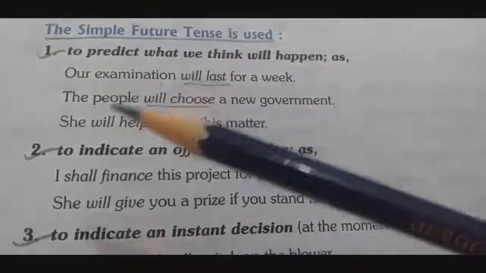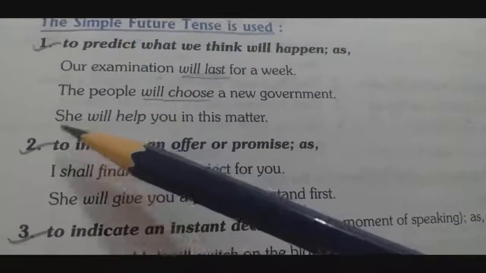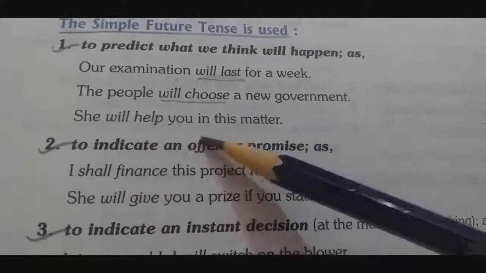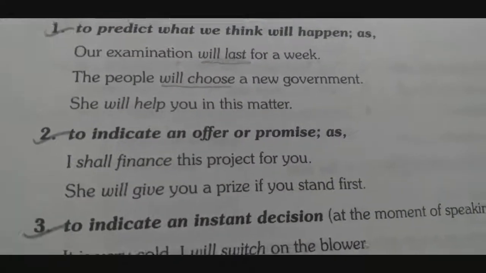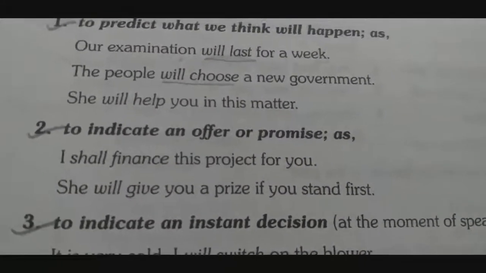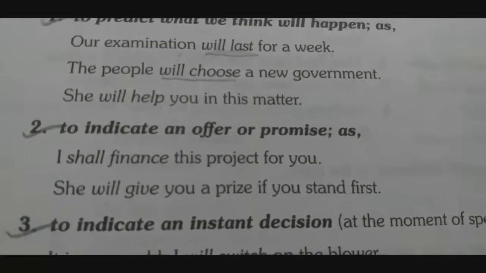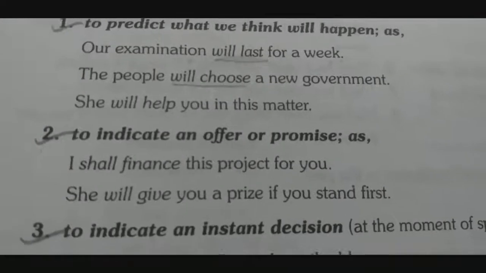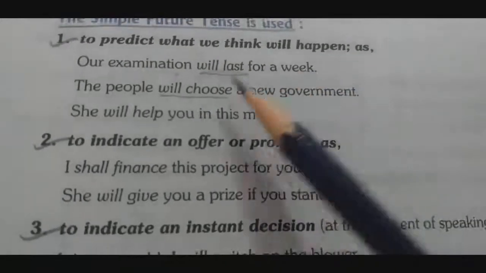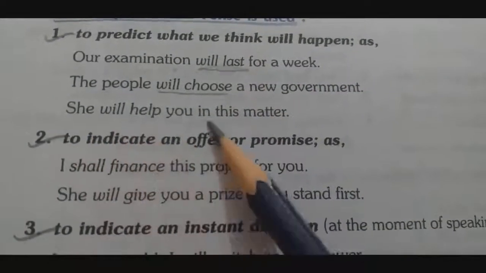In the same way, example number 3: she will help you in this matter. Suppose you have asked for help, you want to know something, or you need help for doing something, like project work or an assignment. So what would I tell you? I will tell you that she will help you in this matter.